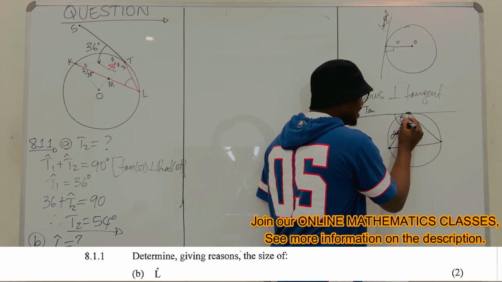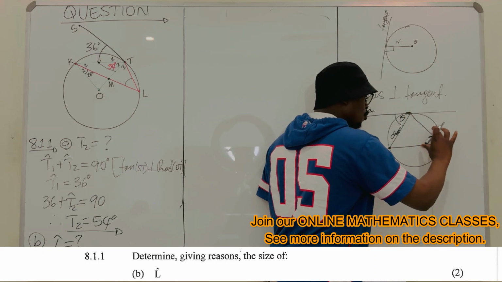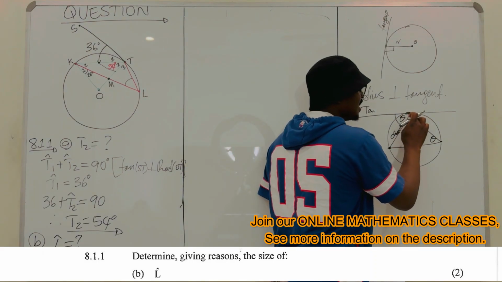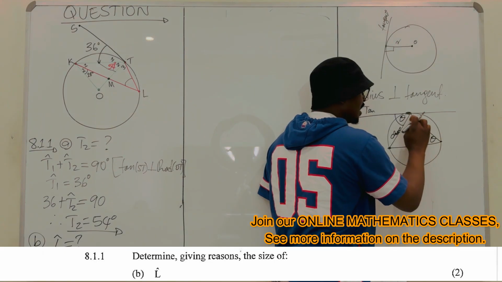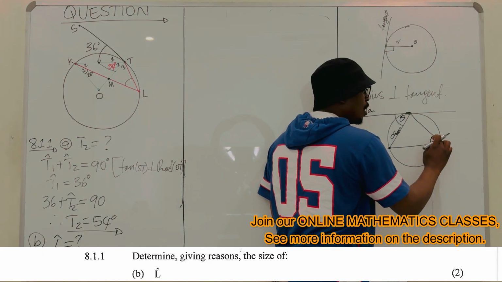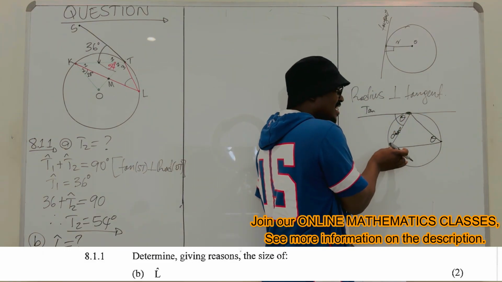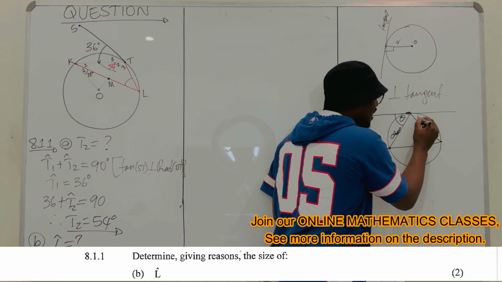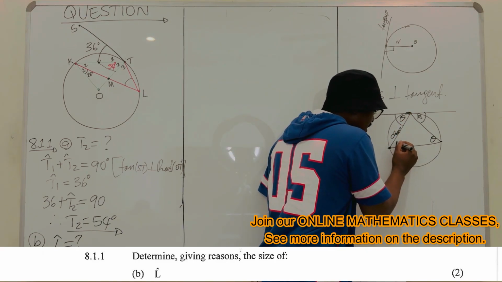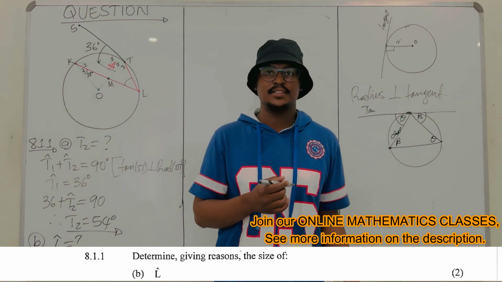So if this angle here is theta, the angle subtended by this chord will be theta as well. Come this side. Here's a tangent, here's another chord. The angle between the tangent and this chord will be equal to the angle that this chord subtends on the other side. So if this angle here is beta, the angle this chord will subtend on the other side is beta. That's the Tan-Chord theorem.